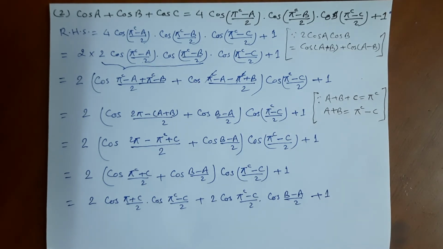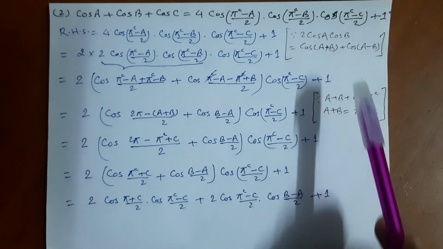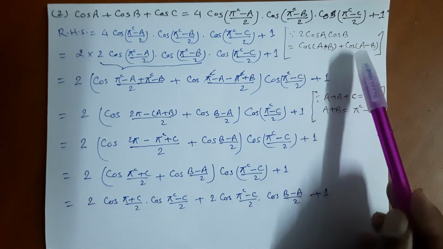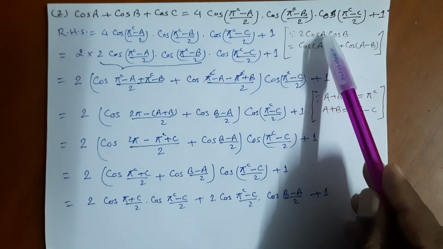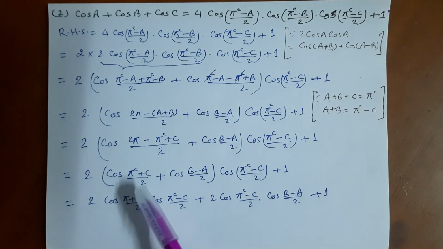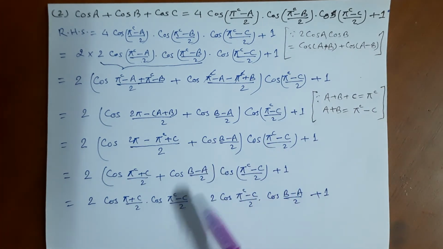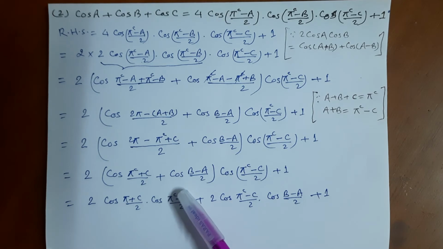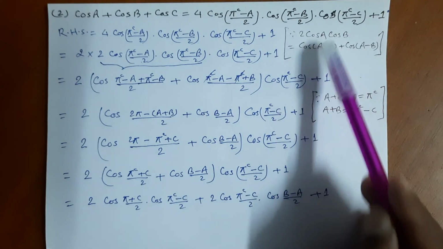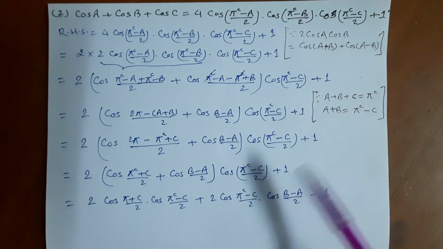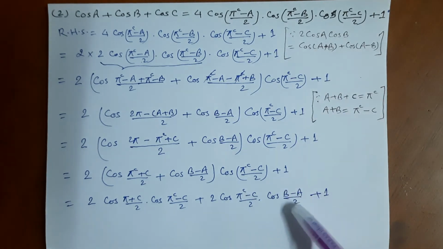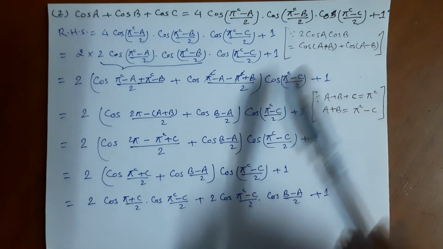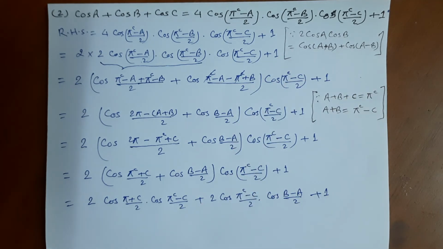Now again we can use the same formula, 2 cos a cos b equals to cos a plus b cos a minus b. In place of a we have this pi plus c over 2, in place of b we have pi minus c over 2 in this case. Similarly, in this case, in place of a, pi minus c over 2, and in place of b, b minus a over 2. Okay. This same formula we will use once again here.